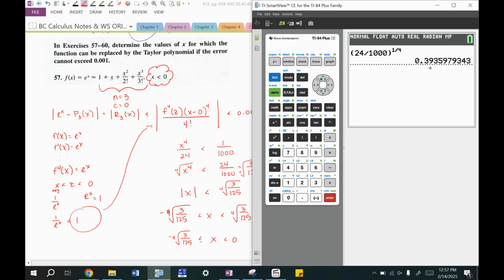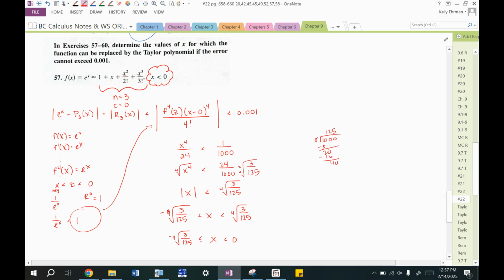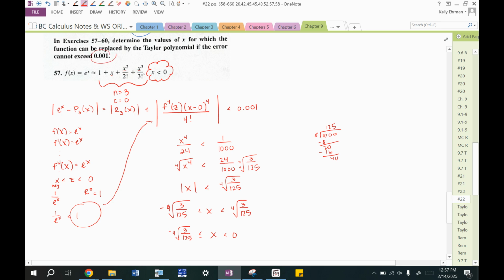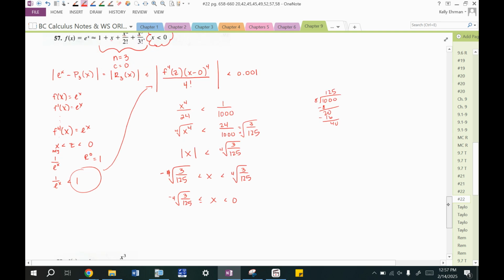That's the decimal version of this. So anything between negative 0.393, etc., and 0 is a valid answer. Anything outside of that range will be off by more than 0.001. So that's more error than we're willing to risk for that problem.